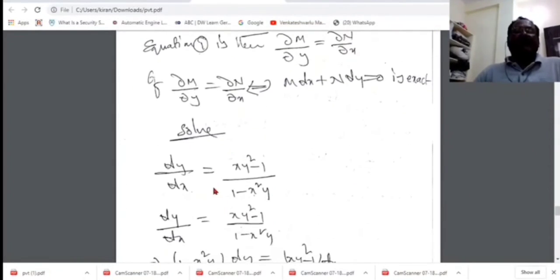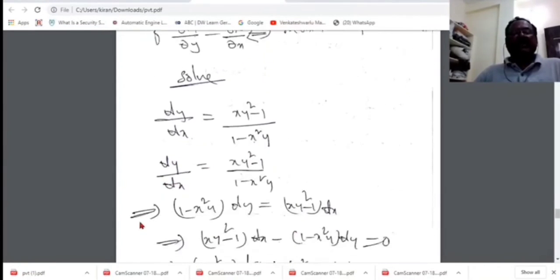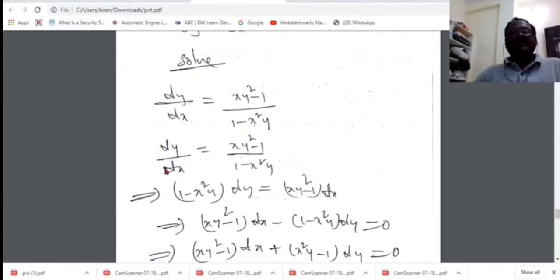Take one example. Solve dy/dx is equal to (xy² minus 1) by (1 minus x²y). So given dy/dx is equal to (xy² minus 1) by (1 minus x²y).